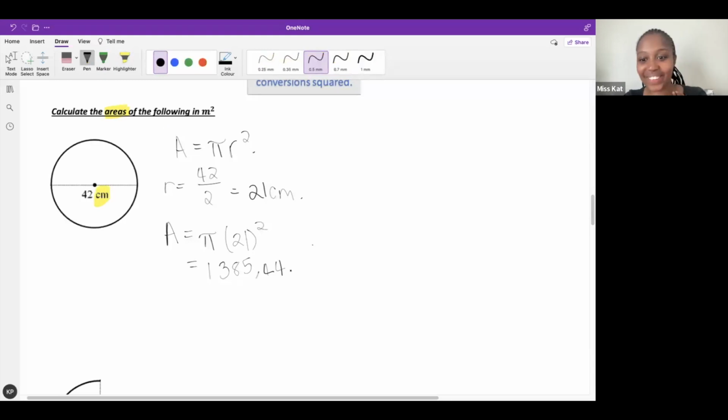There we go. Okay, so we're currently on centimeters squared. I'm going to rewrite it here. 1385 centimeters squared. Now we want to go to meters squared. So let's start with, are we timesing or are we dividing?